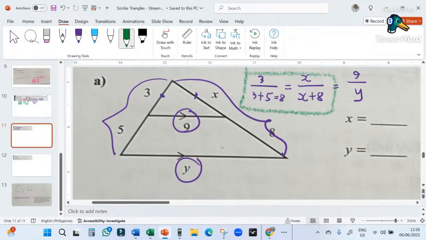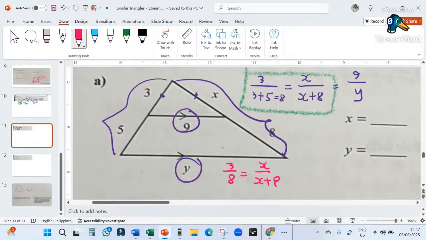So you can combine two equations at a time. So let's start the first one. I will use red here. 3 over 8 is equal to x over x plus 8. So we can solve for x.